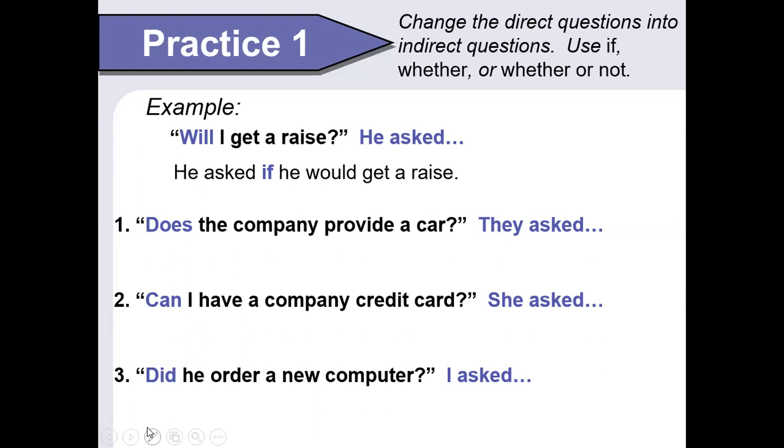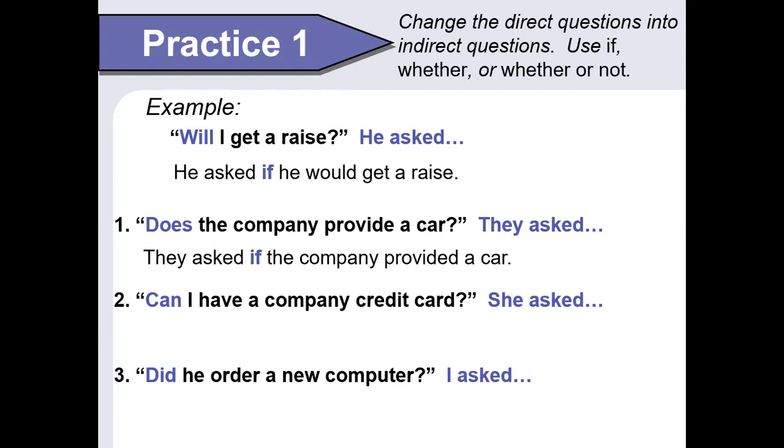They asked if the company provided a car, right? But we have to check the grammar. Usually, if it's present, it's going to be past. If that is past, it's going to be past perfect.